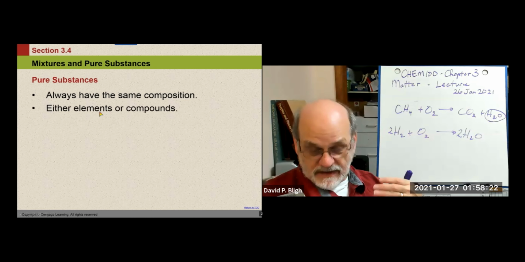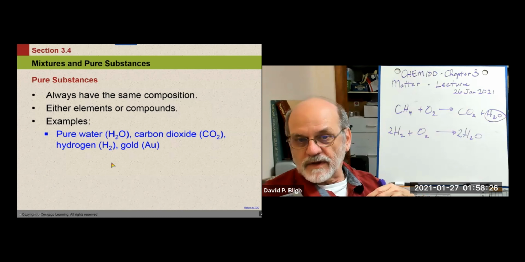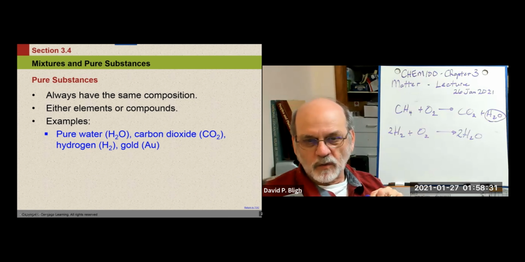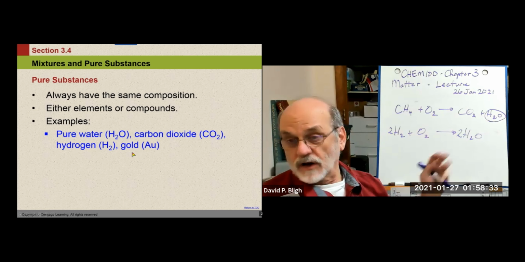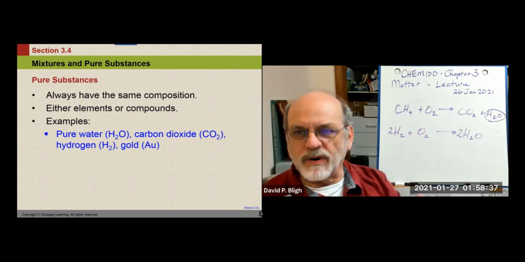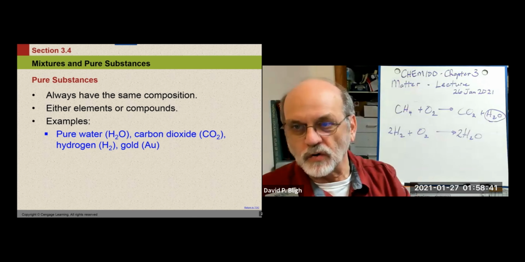And besides being elements or compounds, they're always the same throughout. Water, carbon dioxide, hydrogen, gold, all pure substances. Now, why do we bother identifying pure substances, besides the fact that pure gold is nice to have?